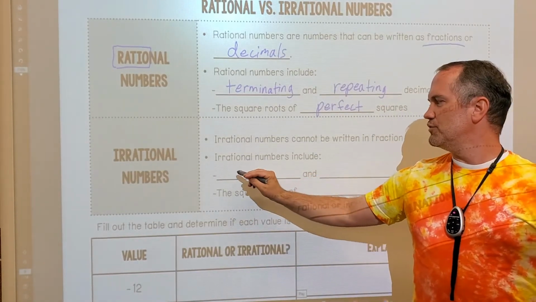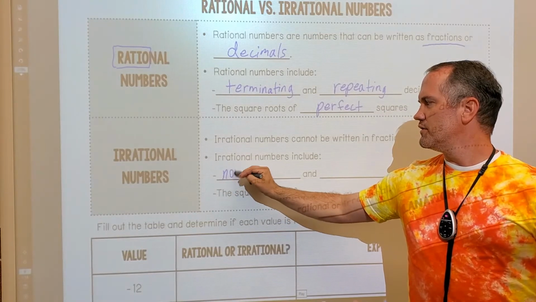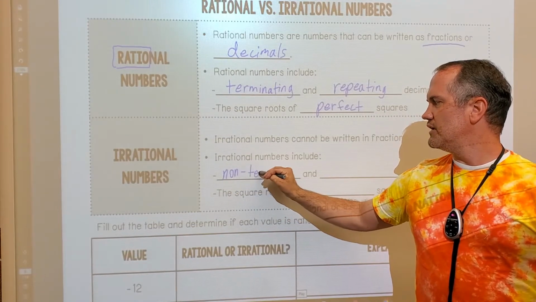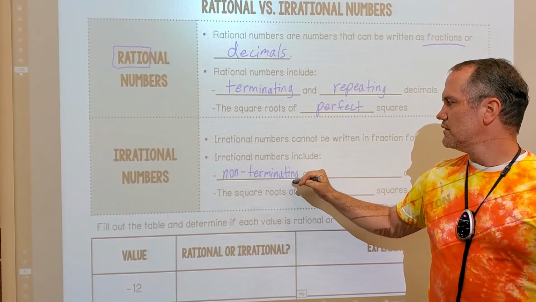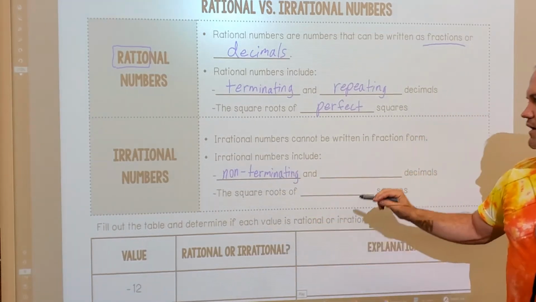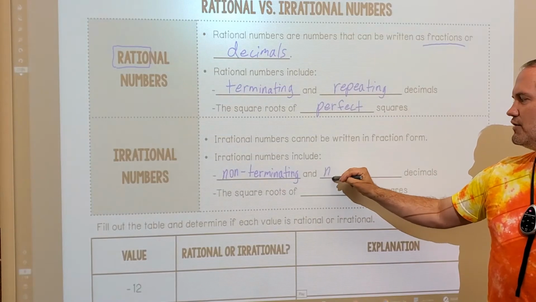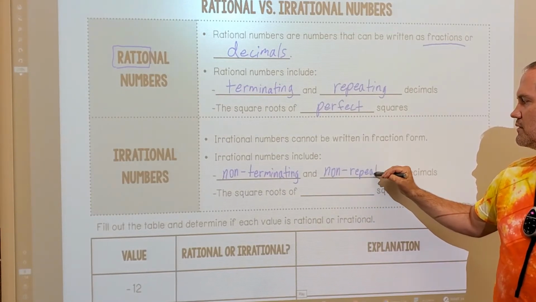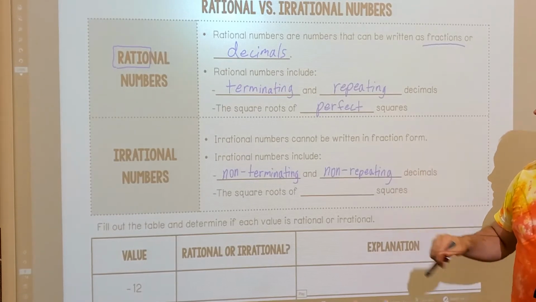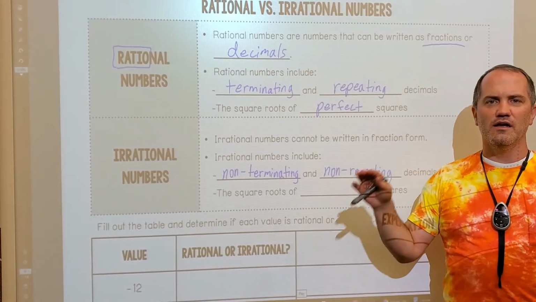Irrational numbers include non-terminating and non-repeating decimals. They go on forever and they don't repeat.